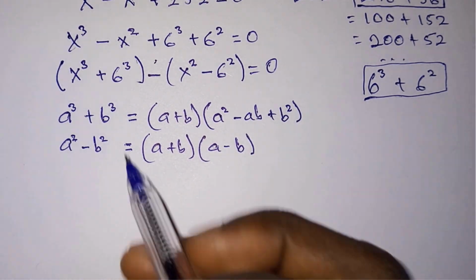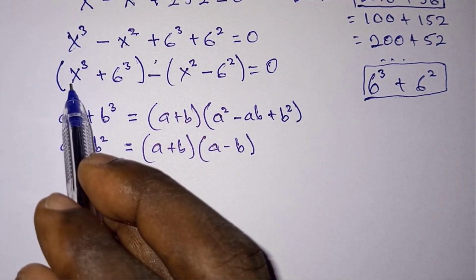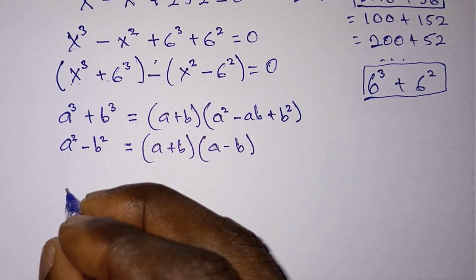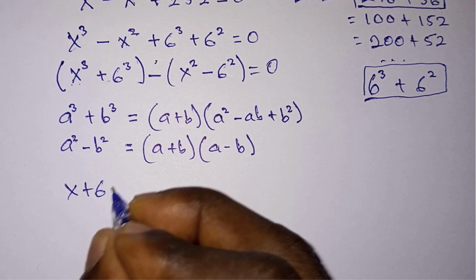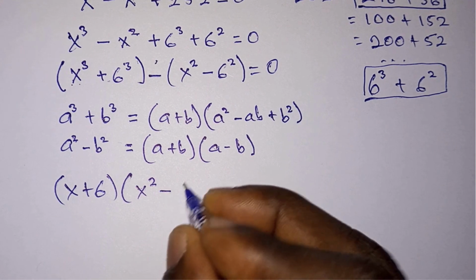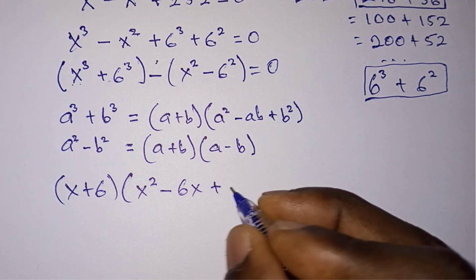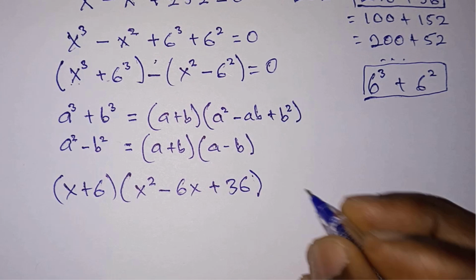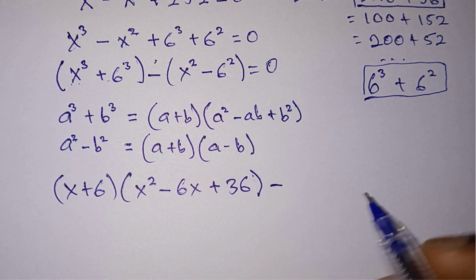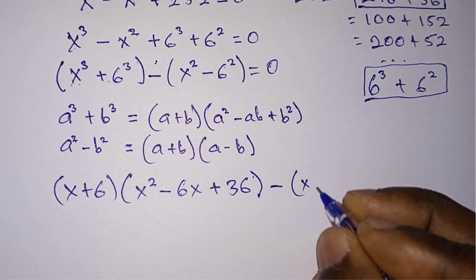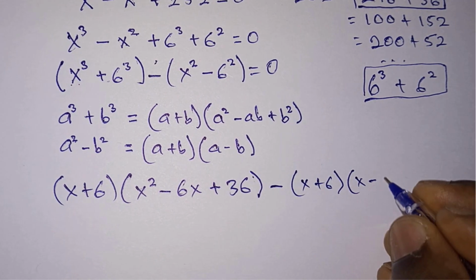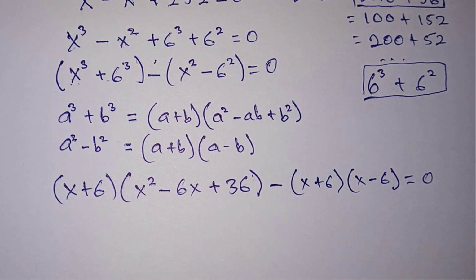Now, we will apply this first identity to this one we have here, and then the second one to this one. So from here, we will have x plus 6 times x to the second power minus 6x plus 36, then minus, this is difference of two squares, so we can express it in this form. So we can have x plus 6 times x minus 6, and this is equal to 0.